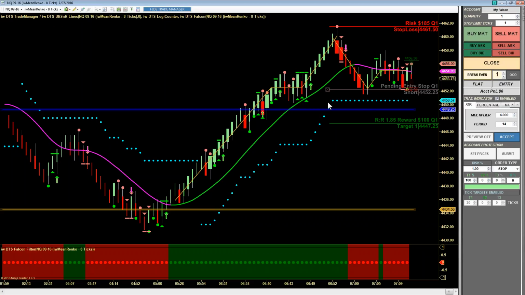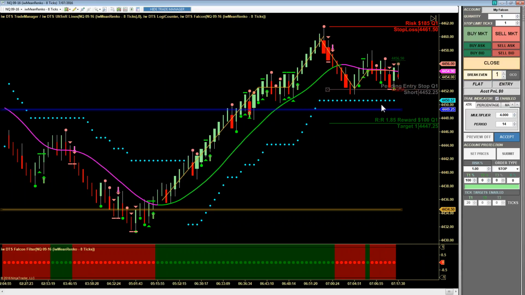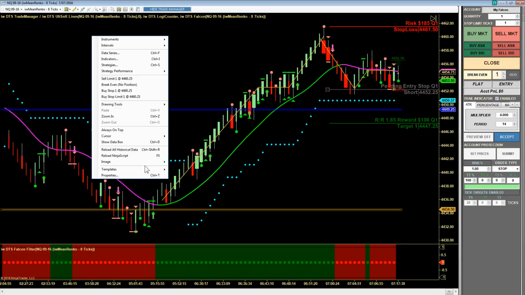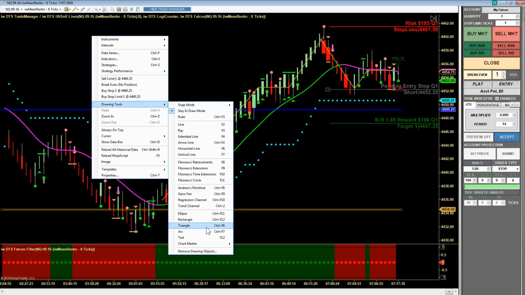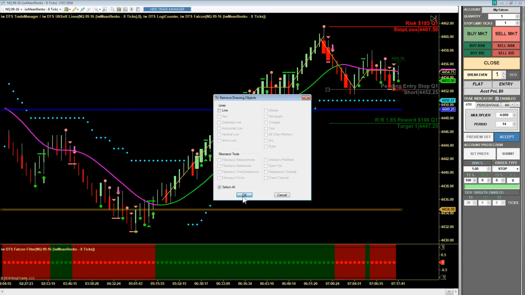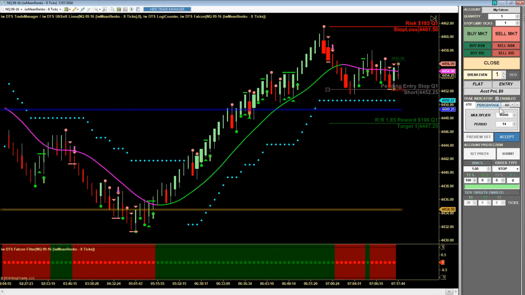It's only there to protect your account if you're really wrong about what's going on. So try not to keep your stops so close that they get tagged. All the tools here are fully customizable, so you can make changes to all of them.